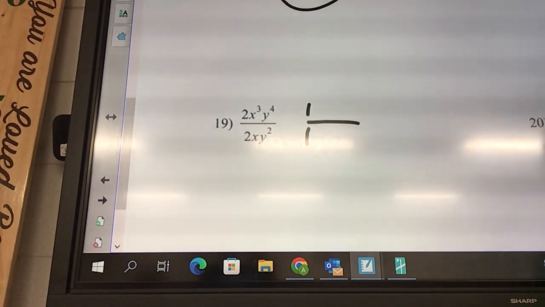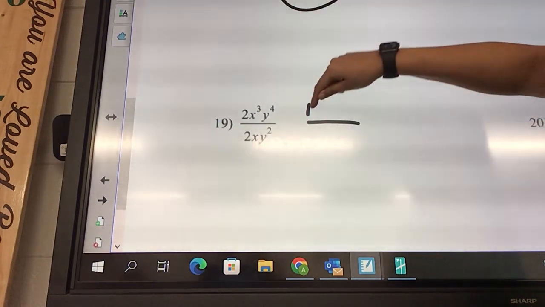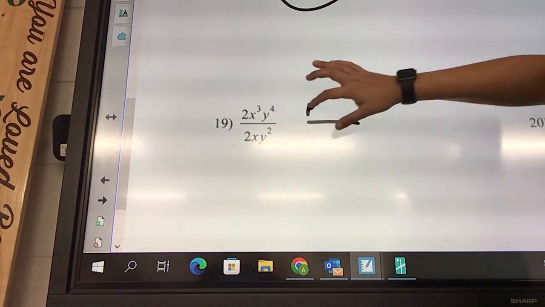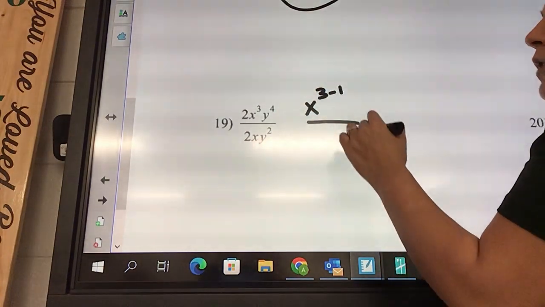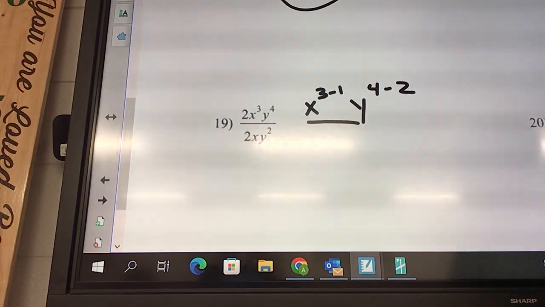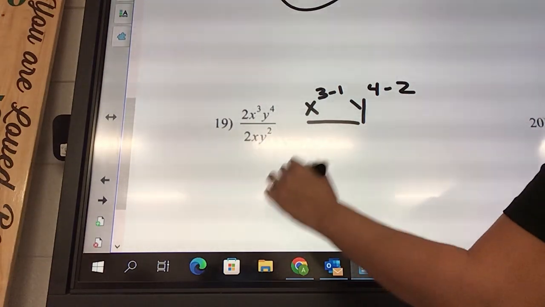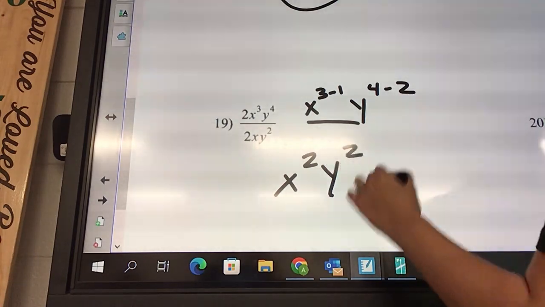So the 1 really is on the top. However, we know that there's a 1 on the bottom as well. So we're going to get x to the 3 minus 1, y to the 4 minus 2. Well, what is 3 minus 1? 2. 4 minus 2? 2.